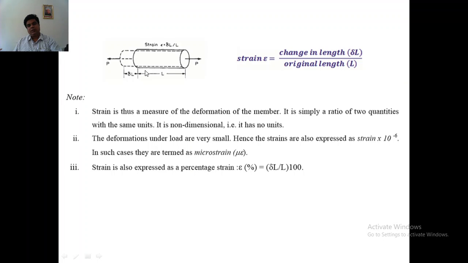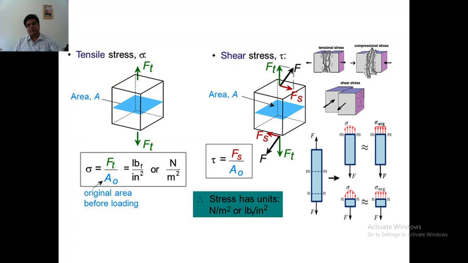When I apply 20 Newton, it will elongate by this much. When I apply 100 Newton, it will elongate by this much. So as you go on increasing the load, the elongation of the material goes on increasing, and also the stress in the material increases.